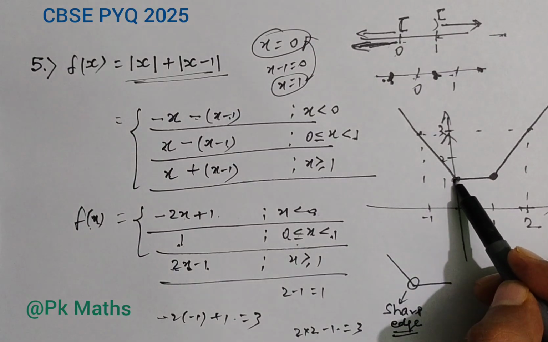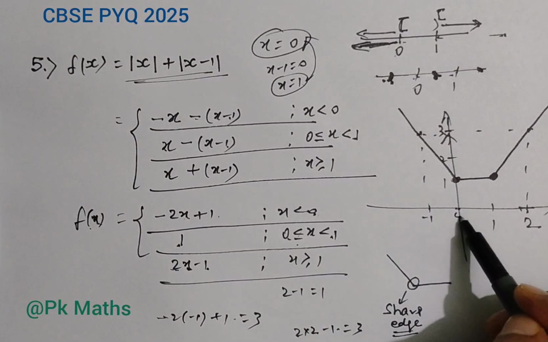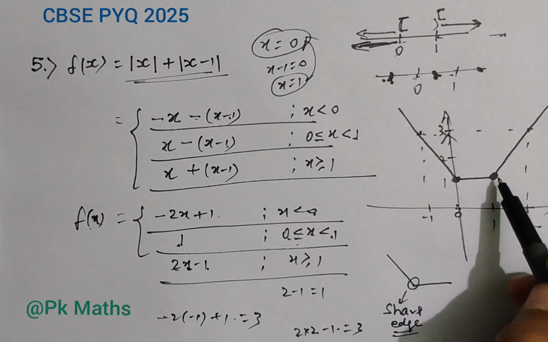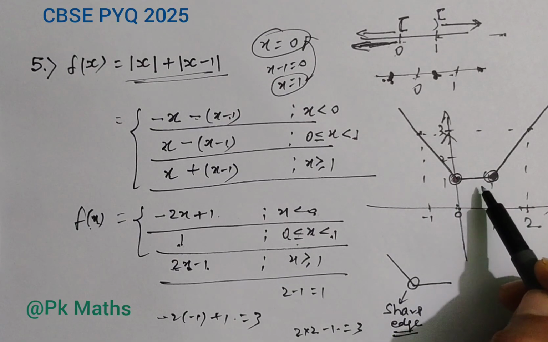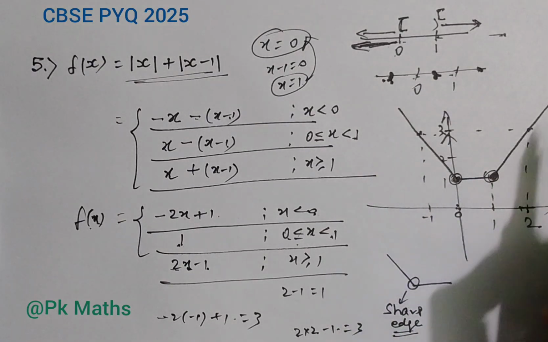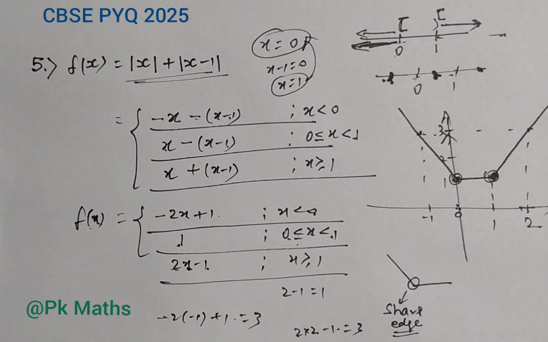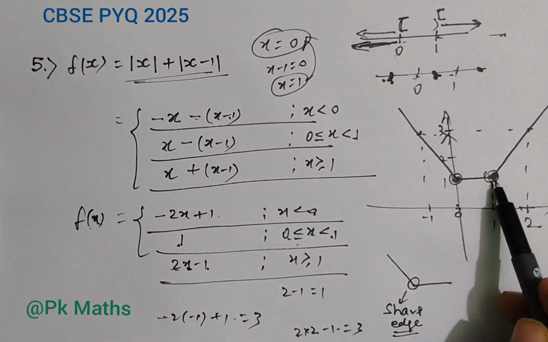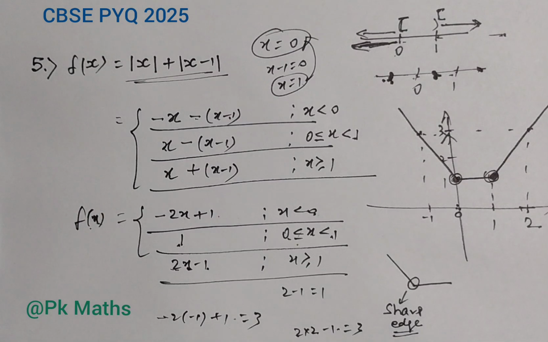So we have one sharp edge at x equals to 0. This is your 0 point. And another sharp edge is at x equals to 1. So at these two sharp edges, the function is not differentiable, but it is continuous everywhere. So the function is continuous everywhere, but is not differentiable at x equals to 0 and x equals to 1.